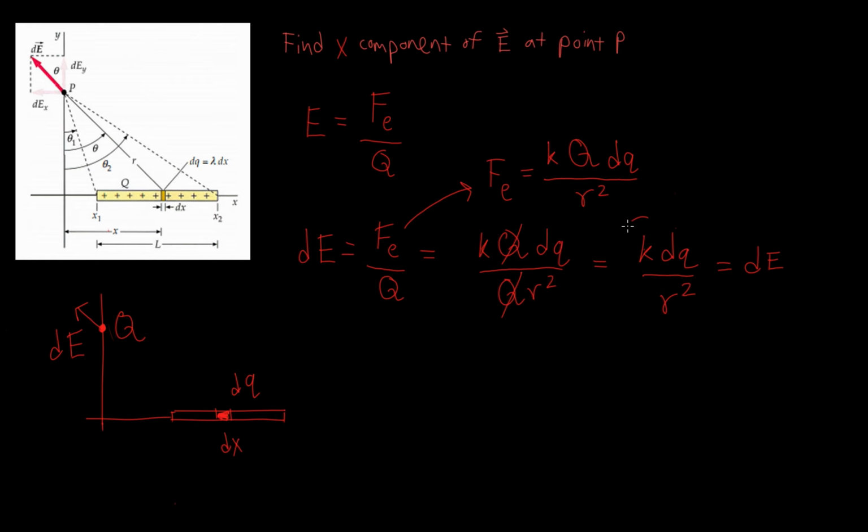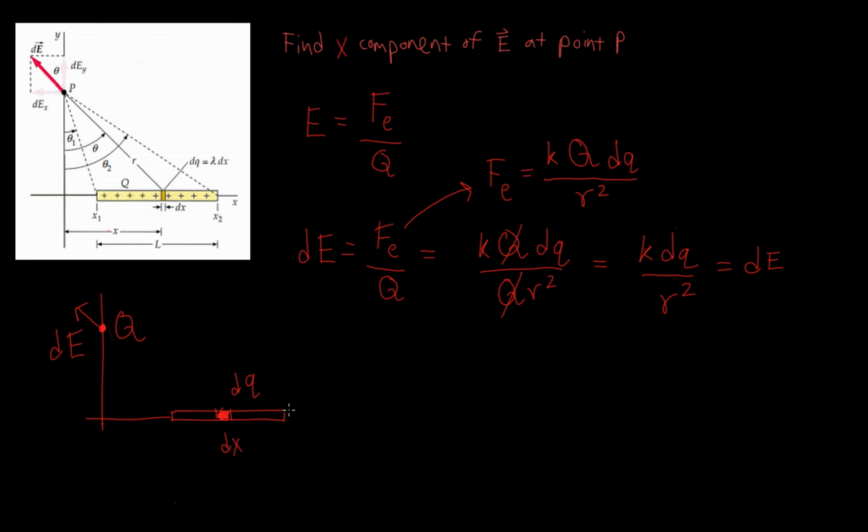And so this is the expression that we're going to use to find the x component of the electric field at point P. And just to note, this really small amount of electric field is only produced by this single, really small segment on the line charge.